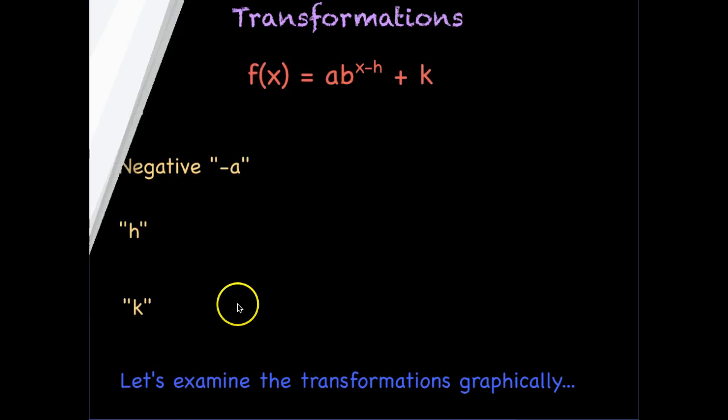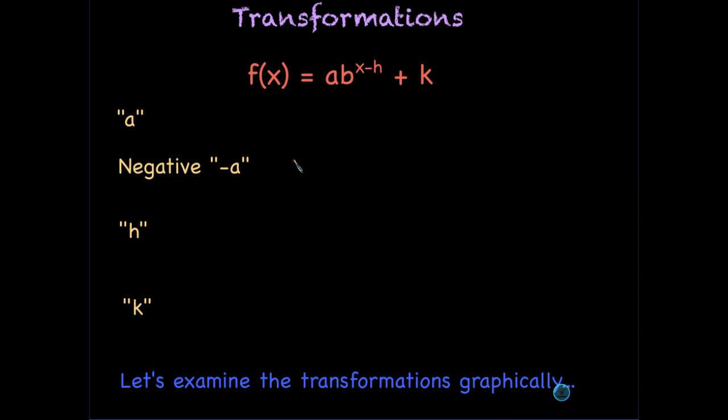Let's look at transformations to the parent functions. Hopefully by now these are starting to look very familiar to you. A in the front is the same as all the A's in the front. This is going to be a stretch or shrink. And if you remember that it's a stretch if the number is greater than 1, and it's a shrink if it's a fraction.